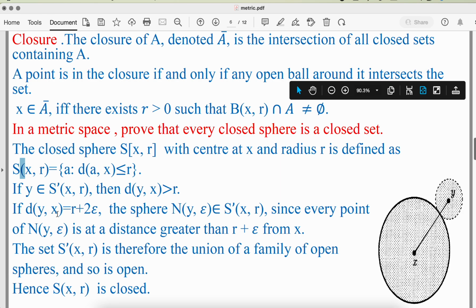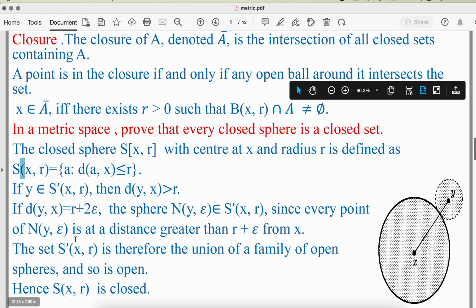If distance of y from x is r plus 2 epsilon, which we have taken by choice, then the sphere N, which is centered at y and radius epsilon, belongs to this complement of closed sphere, which we have denoted by S dash x r.